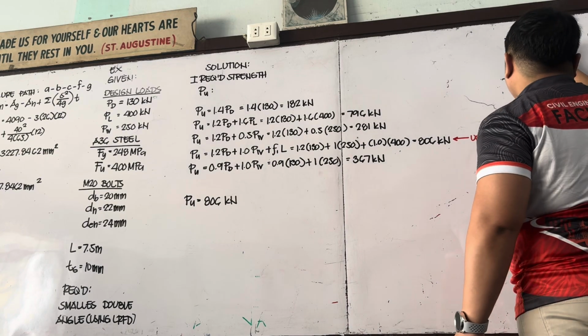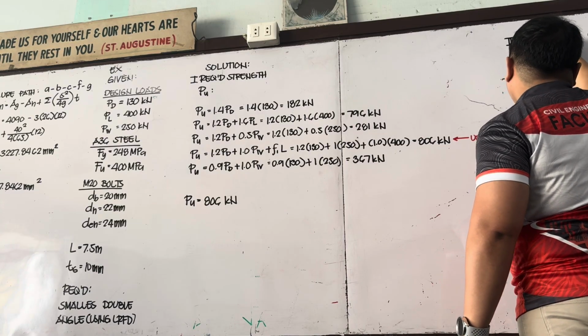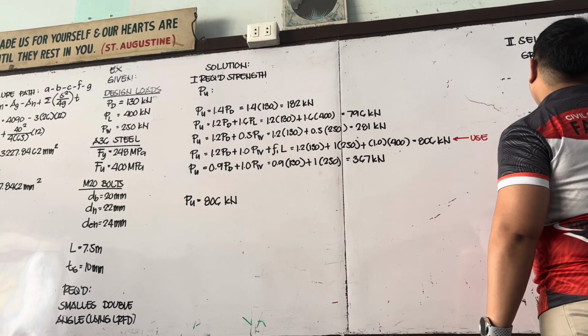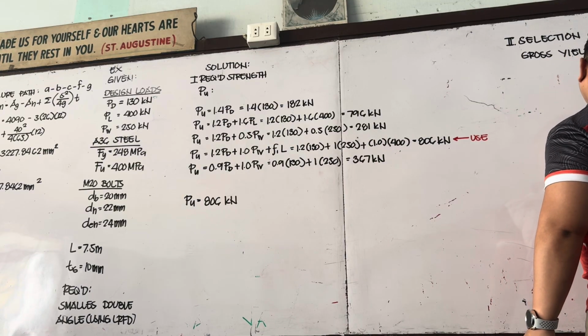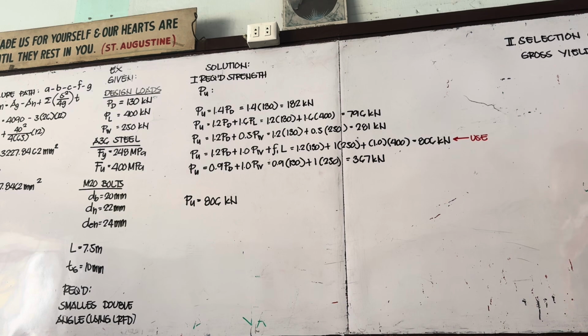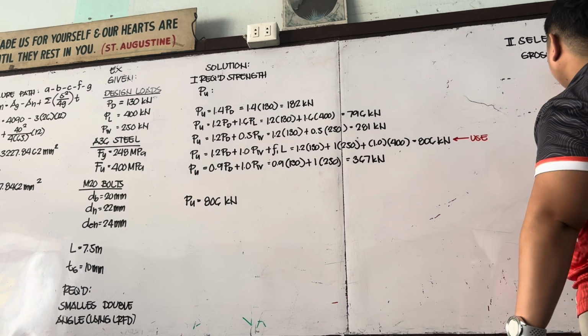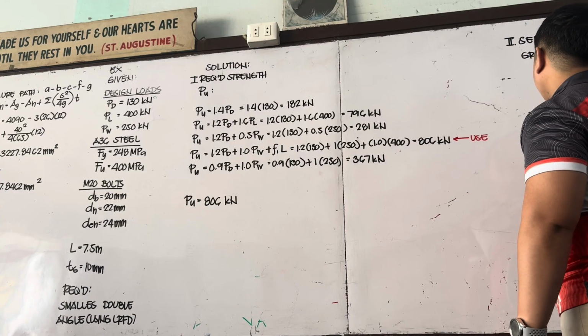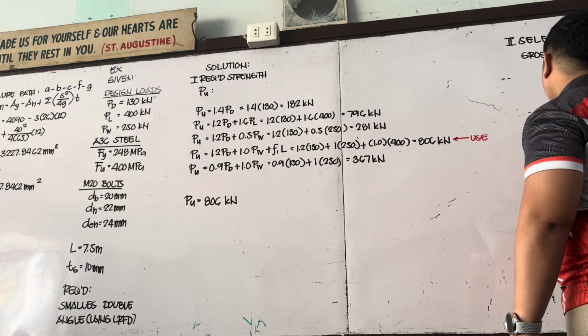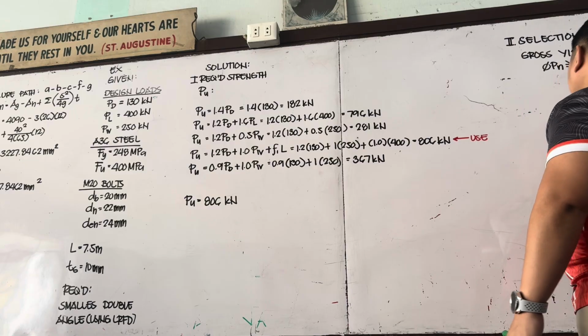Okay, first for the limit state of gross yielding. Okay, meaning we need to solve for the value sa gross area natin. Okay, so for the gross yielding, di ba ang aton nga condition is dapat ang aton nga PPN should be always greater than or equal to PU.